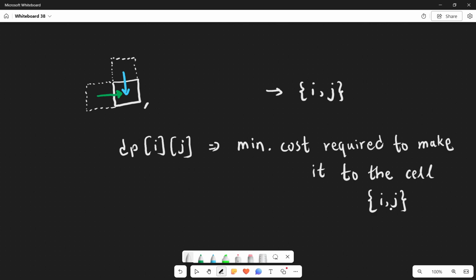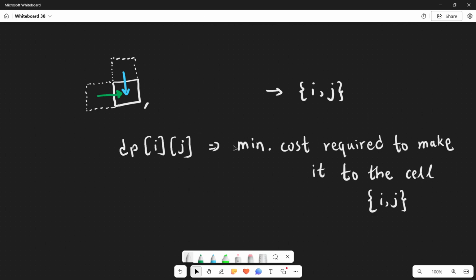Okay, makes sense? I think it does. Yes, dp of I comma j is the minimum cost required to make it to the cell I comma j.